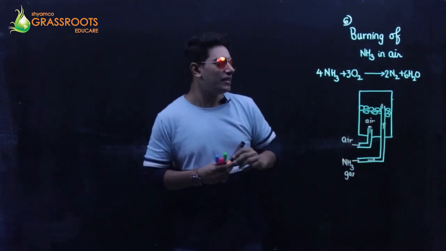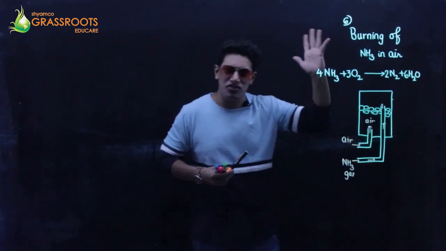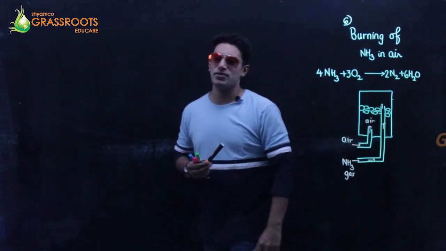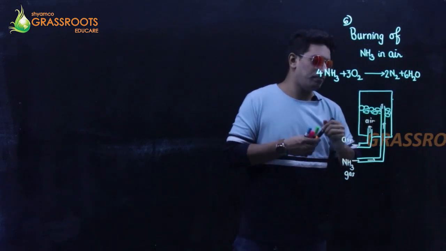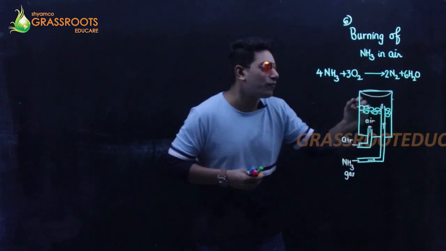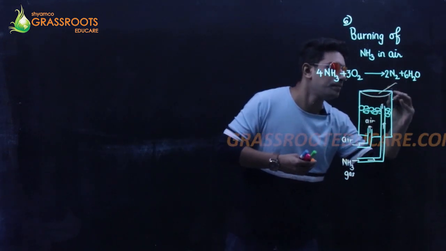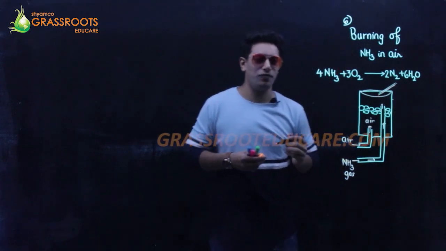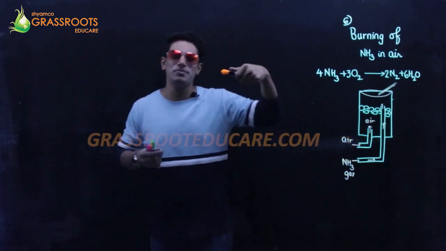Let's not pass the air at first. Initially ammonia gas is passed, nothing happens. The top is open, let's keep it open for the moment. From the top, I ignite a flame, like a matchstick.